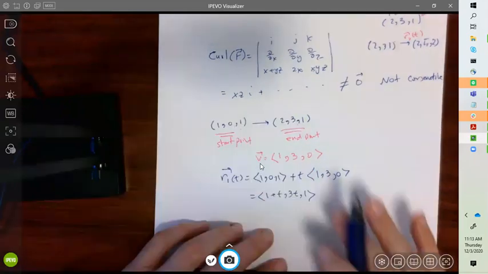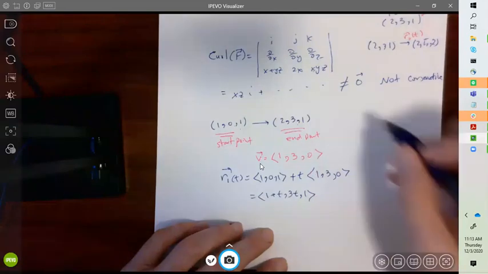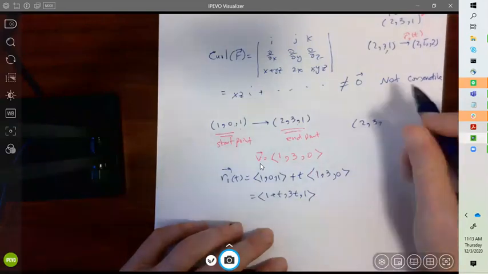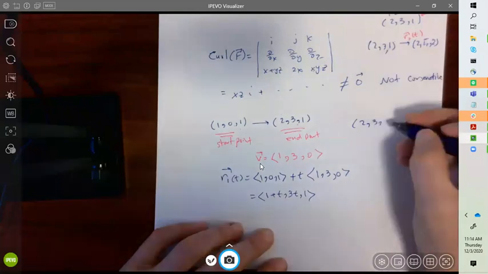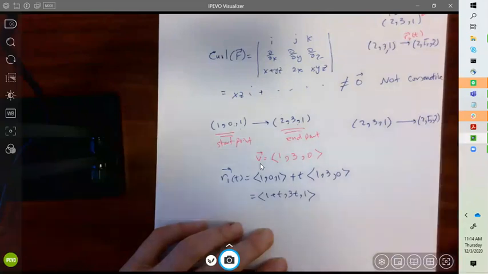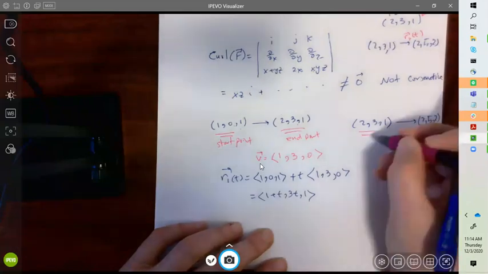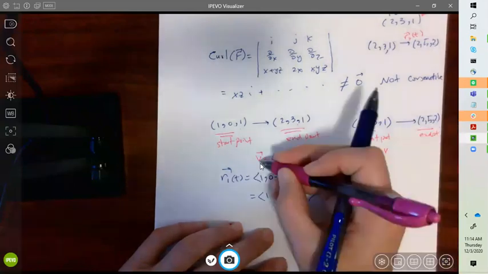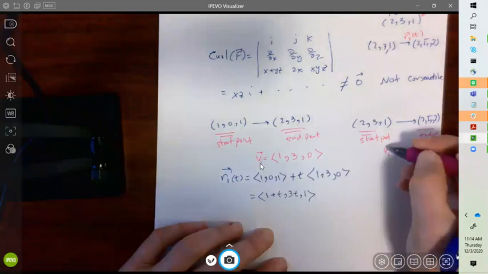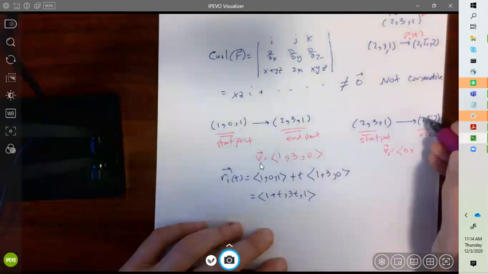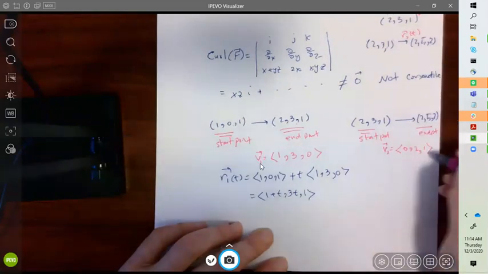Do the same thing for the second one, for R2 of t. Again, start point and end point. This one was V1, this one is V2. 2 minus 2, 0. 5 minus 3, 2. And 1.